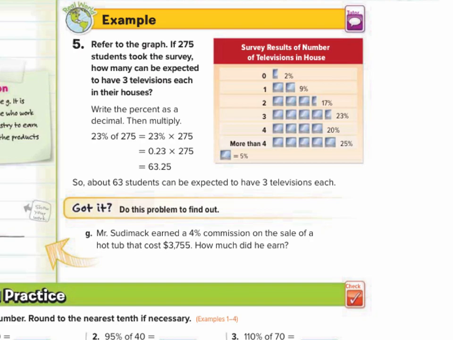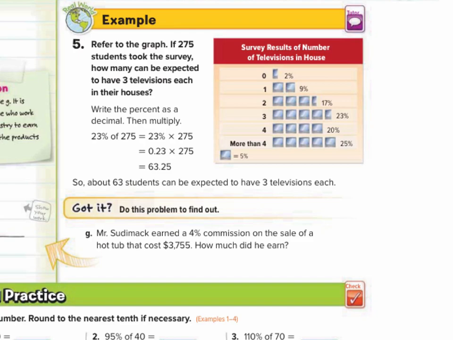They chose to write 23% as a decimal, multiplied by 275 to get 63 and 25/100ths. Well, if we just take 63 students, that's a good answer. If it was 63.5 or 5/10ths for your answer, you might round up to 64 for that. But we'll just take 63 students are expected to have 3 televisions each.